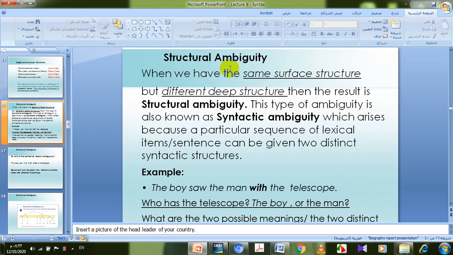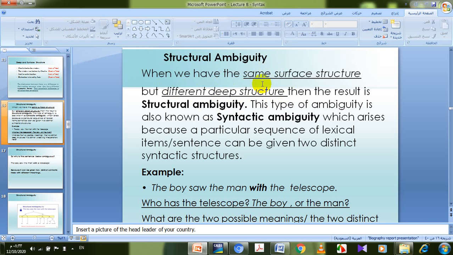We have structural ambiguity. A new topic, structural ambiguity. When we have the same surface structure but different deep structures. The idea is the opposite here. We used to have the same deep structure but different surface structures.